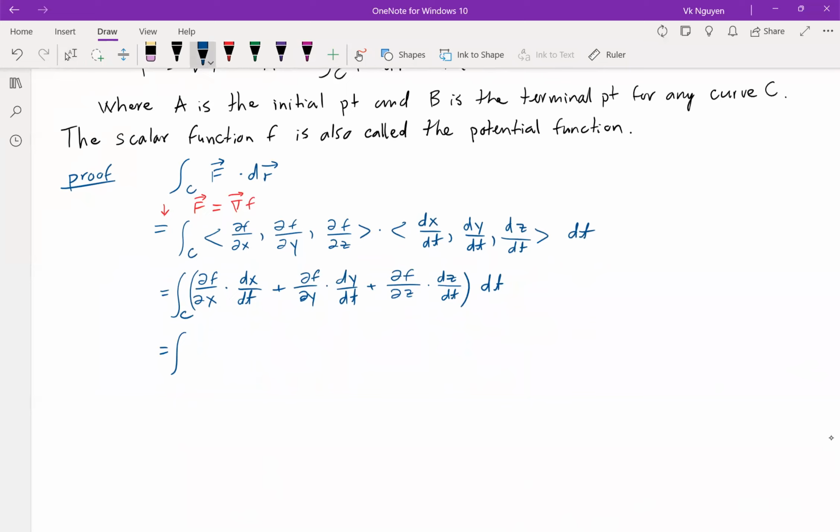This is exactly the chain rule. So if it is the chain rule, then we can see that we just have to differentiate with respect to t some scalar function, and that scalar function is f(x(t), y(t), z(t)), and the dt here.